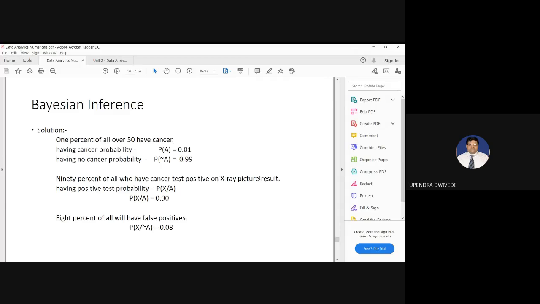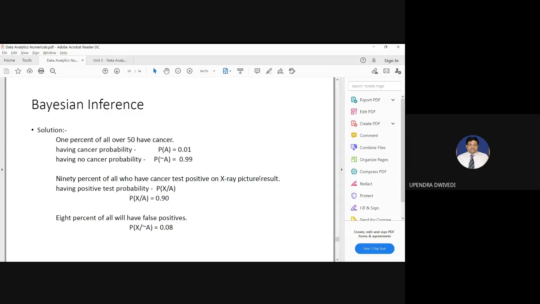So we can derive from this information the probability of a person who does not have cancer, but the machine is detecting cancer for them. It's possible for any medical test that a person who is not suffering from disease is predicted to be suffering from disease. So that is a false positive, and that is also possible with medical instruments as well as other forms of testing. So 8% of all will have false positive.